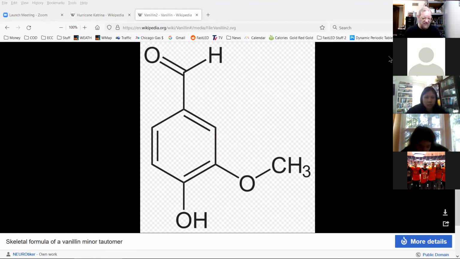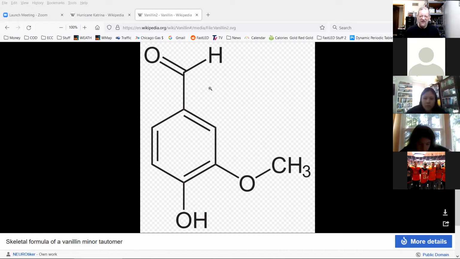That's the common name, and I'll never ask you to draw it on a test. But notice we have an aldehyde, hydrogen, carbonyl, and carbons here are the benzene ring. Now there are two other functional groups in, and now you know it, in vanillin. Hydroxyl group on a carbon, alcohol, carbon, oxygen, carbon, ether. So there are actually four functional groups: alcohol, ether, aromatic ring, and aldehyde in vanillin.